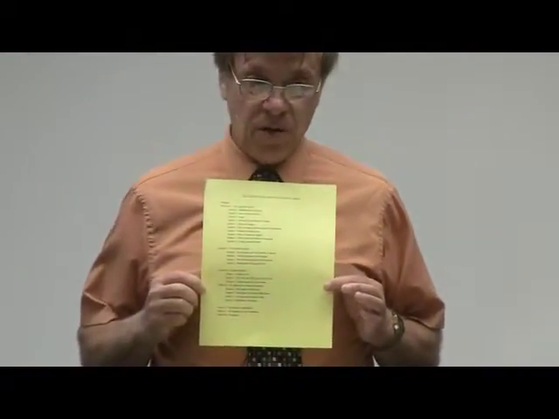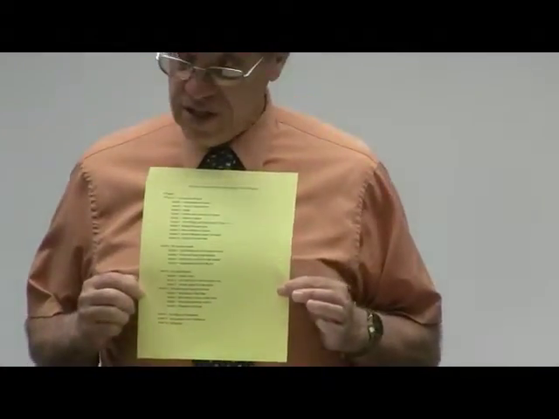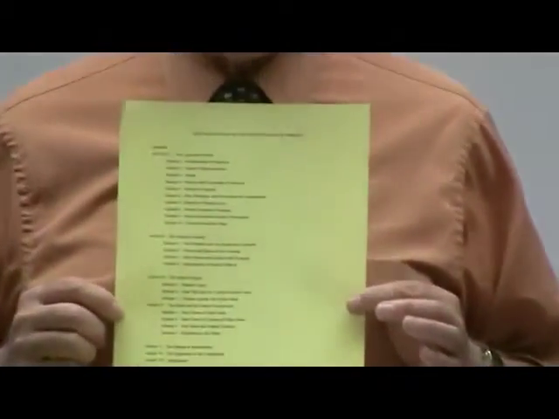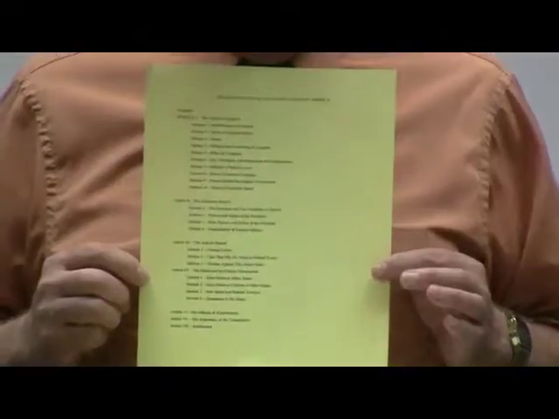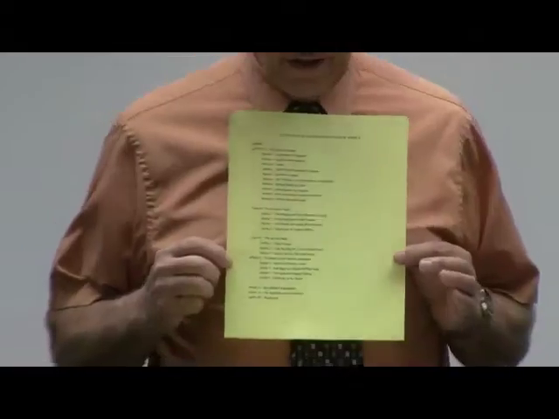It divides the power. Article 1 goes to the legislative branch. Article 2 to the executive branch. Article 3, the judicial branch. Article 4, the states and the federal government. Article 5, the making of amendments. Article 6, the supremacy of the Constitution. And Article 7, ratification.